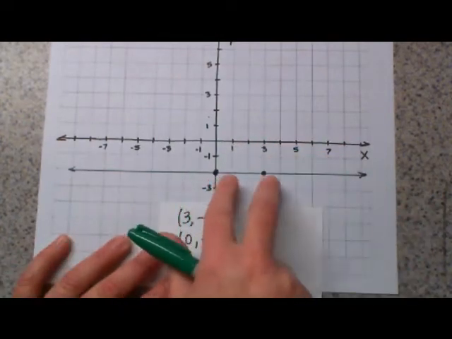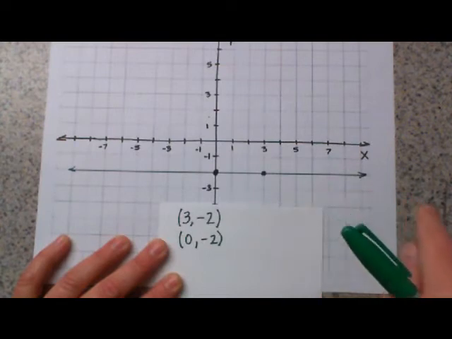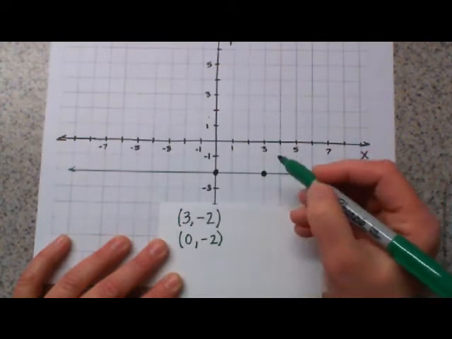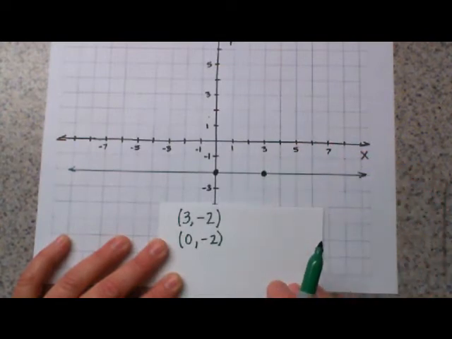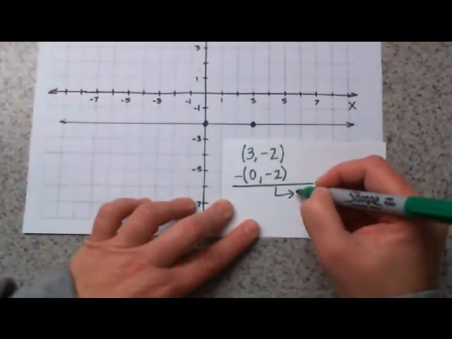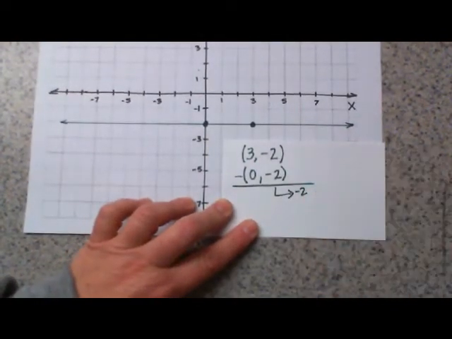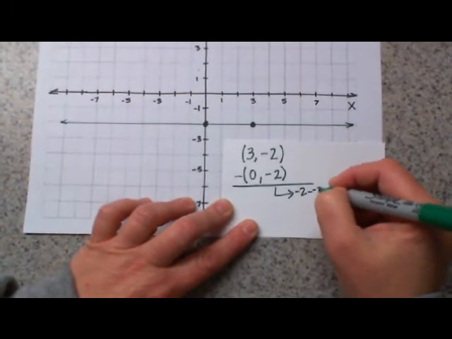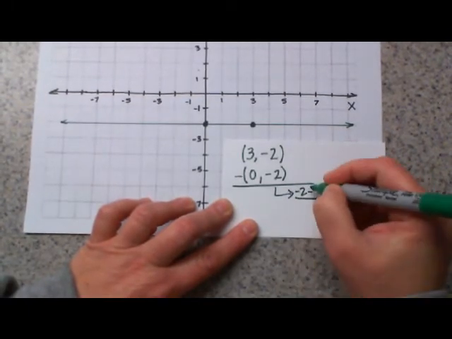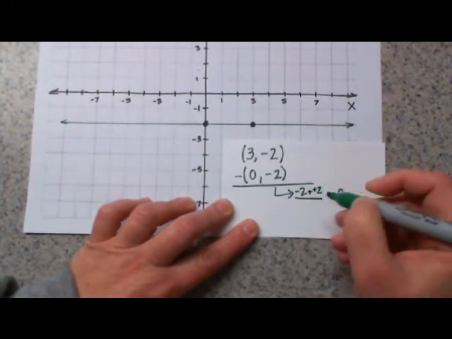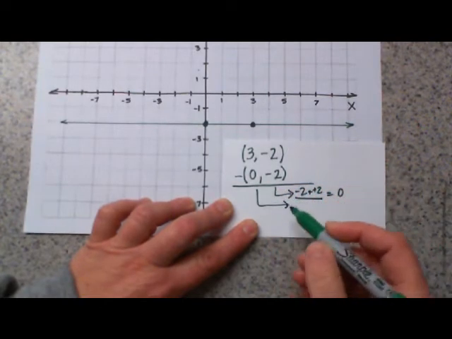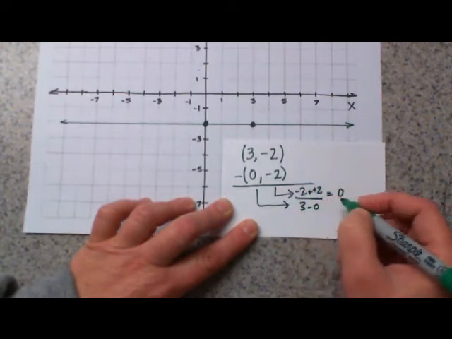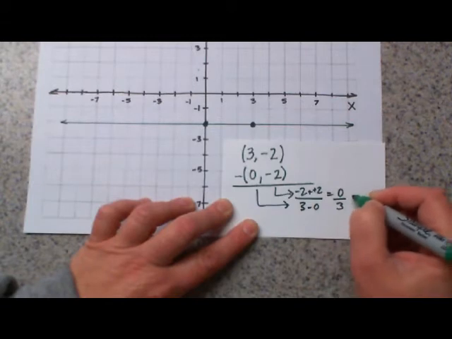So I have 2 points and I have a line. So we're kind of right back where we were on the previous example. We're ready to calculate slope. Change in y: -2 minus a -2 is going to equal 0. Change in the x direction is 3 minus 0, which is equal to 3.